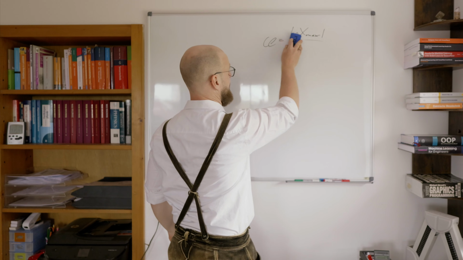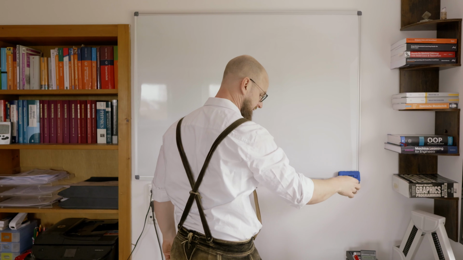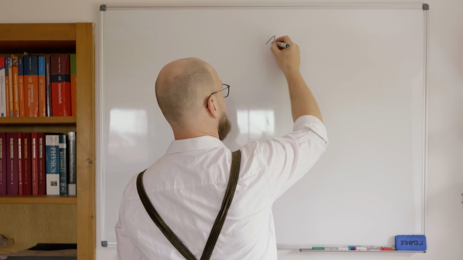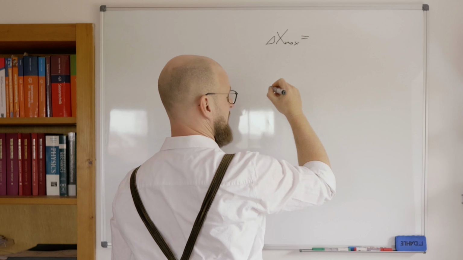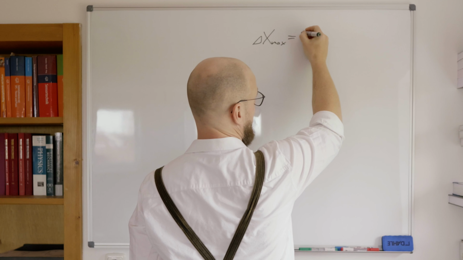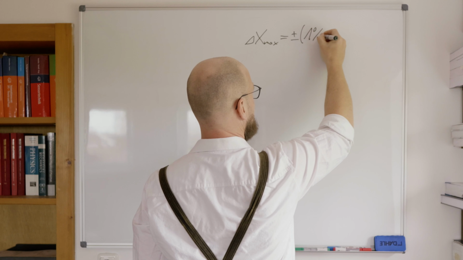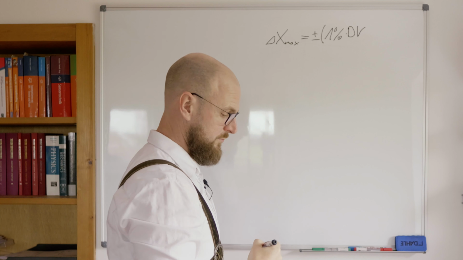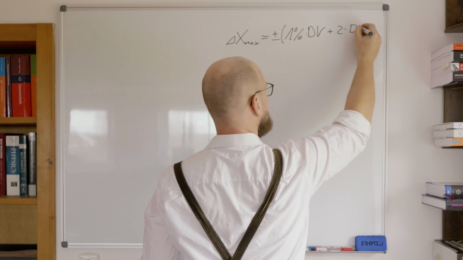More common within the data sheets are different descriptions. Something like a maximum error of, for example, plus minus 1% of the displayed value plus 2 digits.